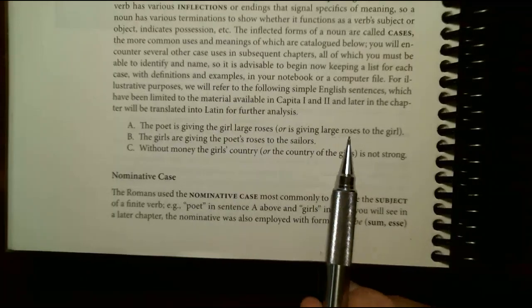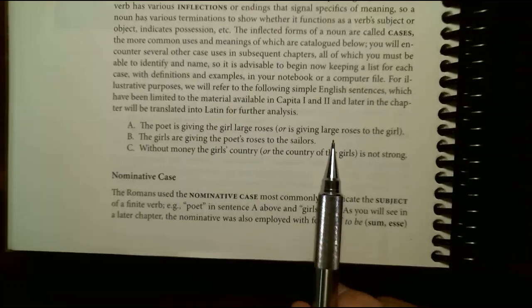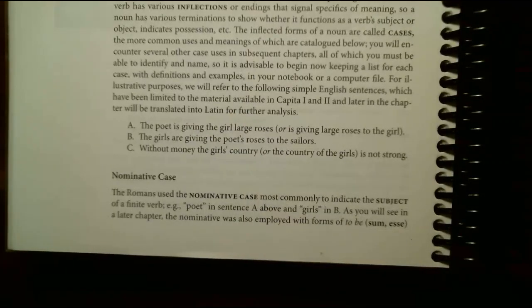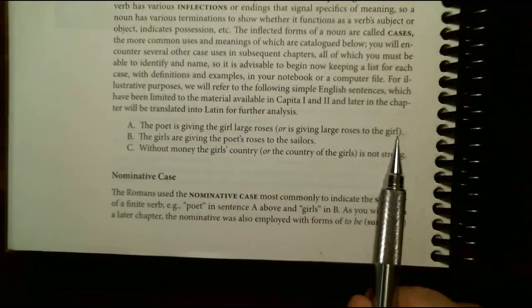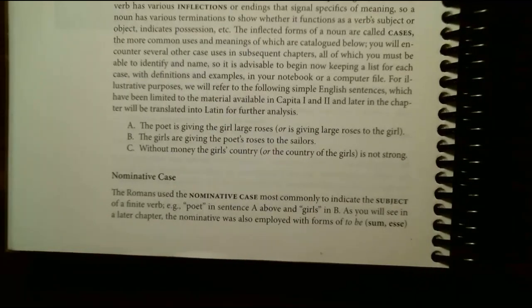So the large roses are the direct object. So you have the subject, verb, direct object word order, and then you have the indirect object here. That is, to whom are the roses given? That is, to the girl. So English depends on word order for us to know what part of speech that word is. Is it a subject? Is it the direct object? Is it an indirect object?